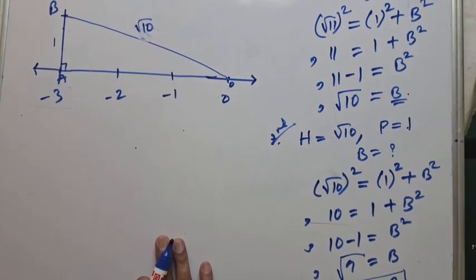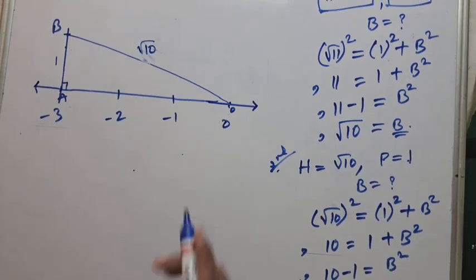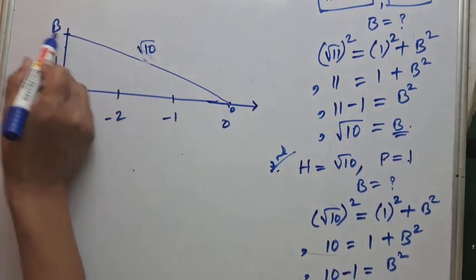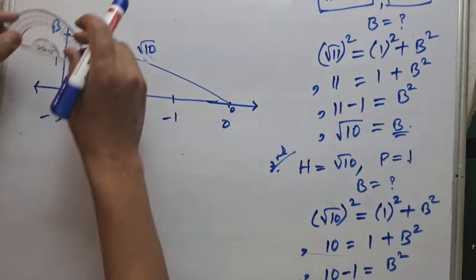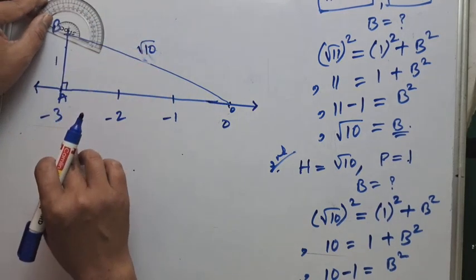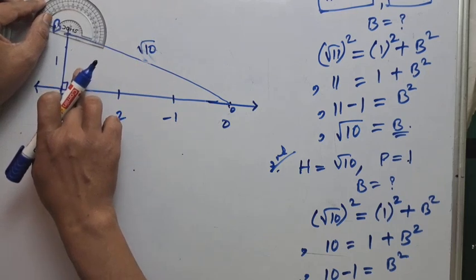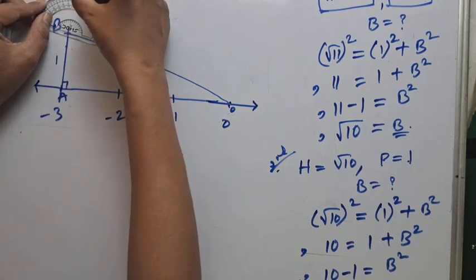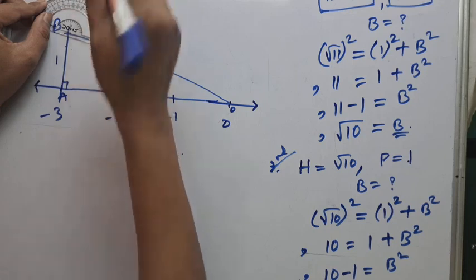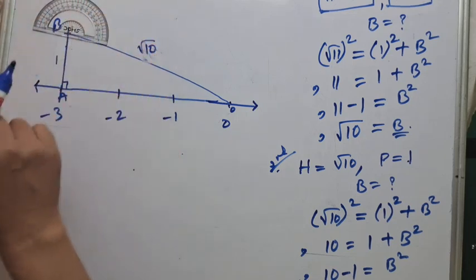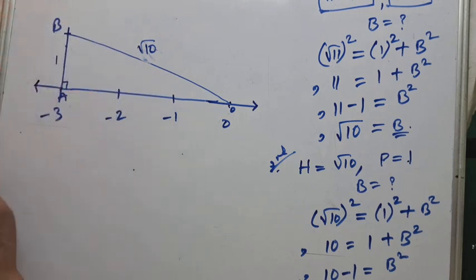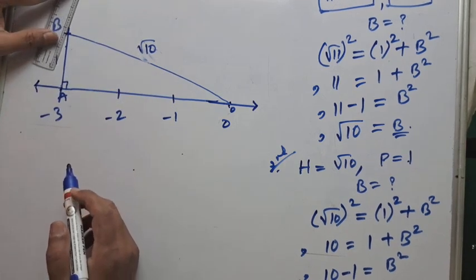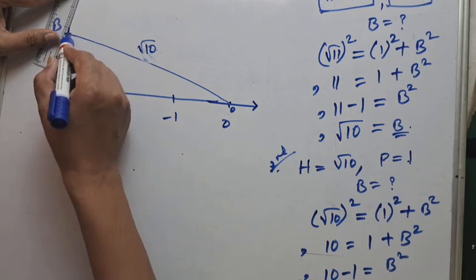Now we draw another perpendicular line perpendicular to this OB. Okay, perpendicular to OB. Using protractor, we draw another perpendicular line perpendicular to OB. Using scale we join this.